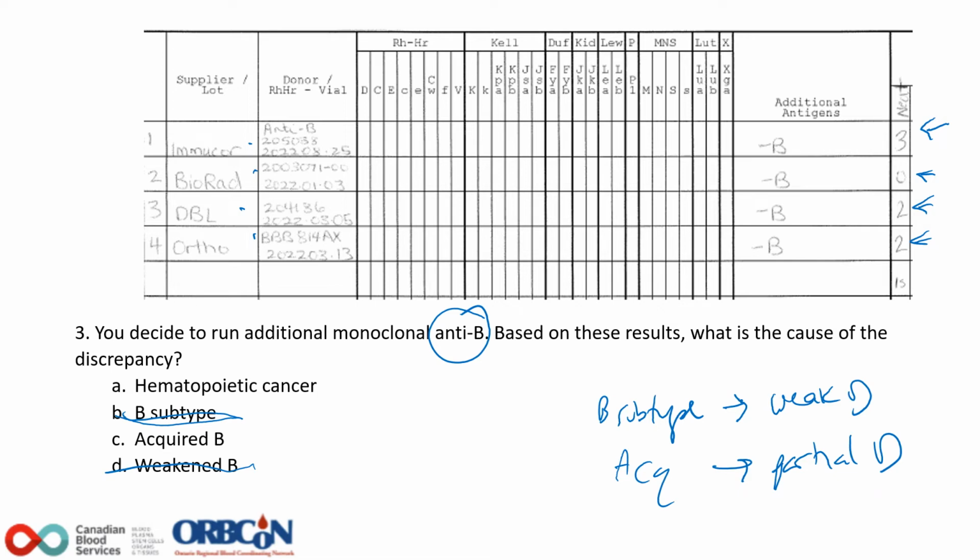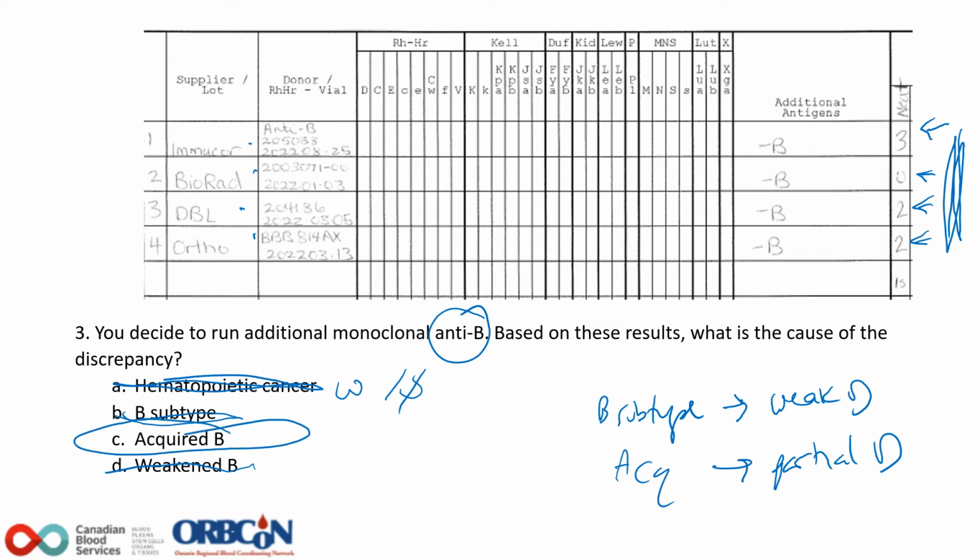When that happens, usually the transcript, for example the B antigen, or the enzyme that would produce the B antigen, is malfunctioning, and therefore everything should be off, not just one monoclonal. So it shouldn't be this, because you'd either have weakened or no agglutination across the board. So we're left with one thing, an acquired B.